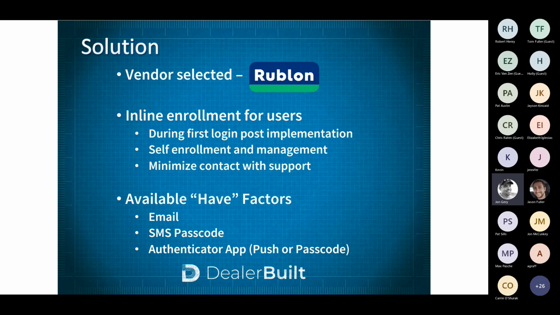And speaking of the factor options, we were looking for a variety of factors which would allow flexibility for our user base. The available factors that we settled on were email, which is similar to a mobile push. You get an email at your designated email address, I'll just be clear, and you click the link in there and then you're authenticated into the solution.